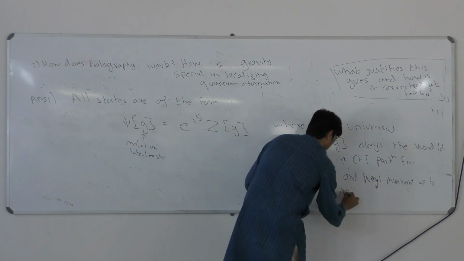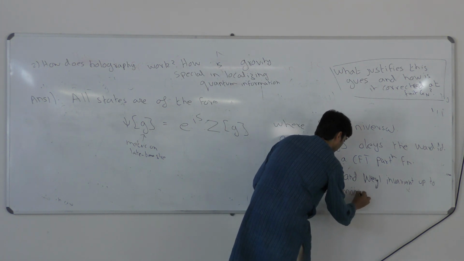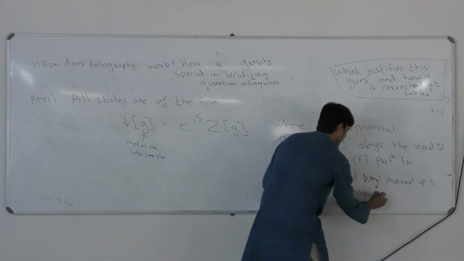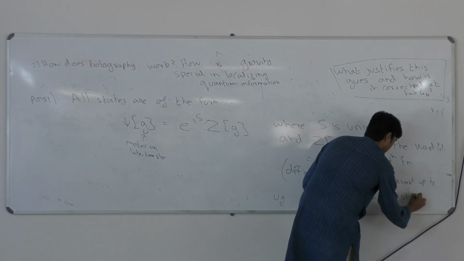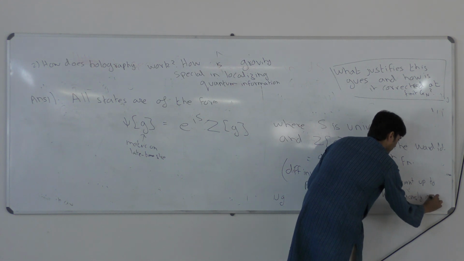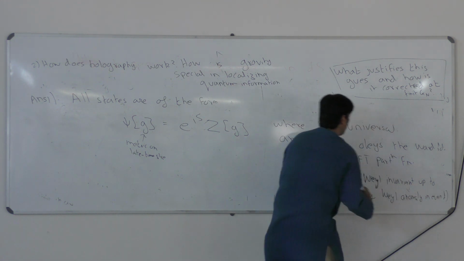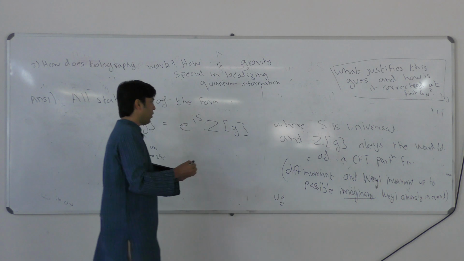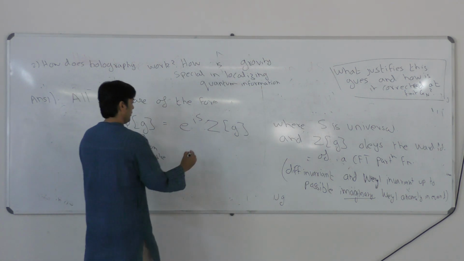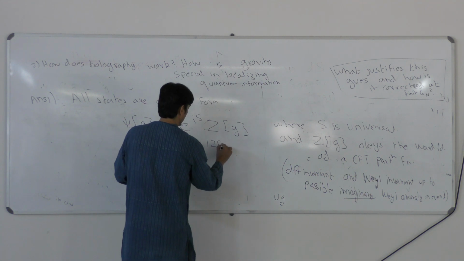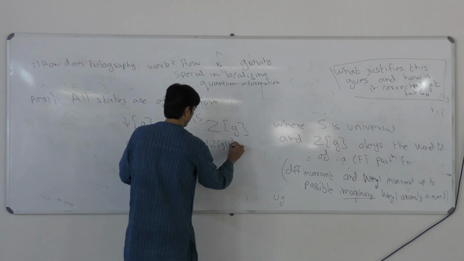In fact, this is an imaginary Weyl anomaly. Okay. So basically, if I look at the modulus of Z of g squared, that's just genuinely diff and Weyl invariant. Okay. So mod Z of g squared is just diff and Weyl invariant.